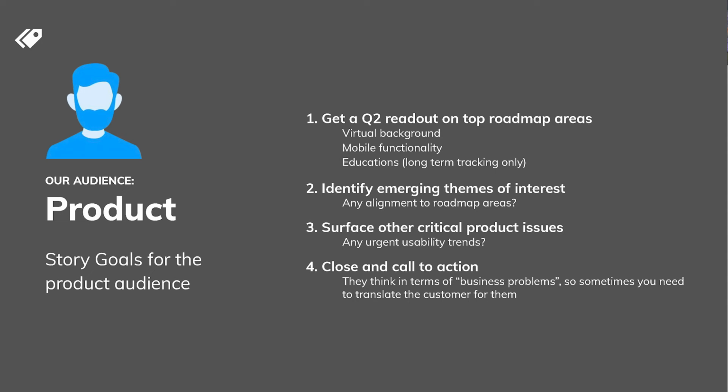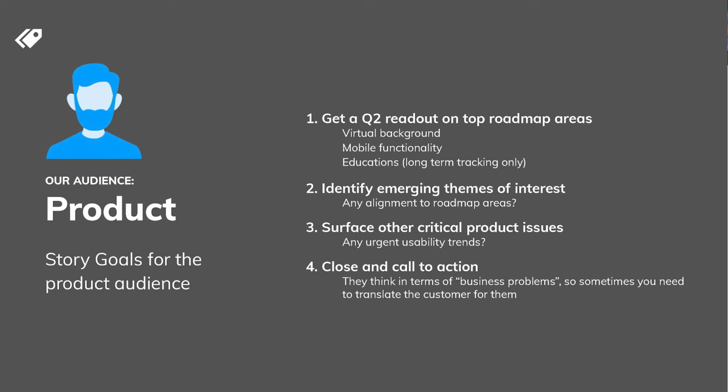Is there anything that that team needs to understand that kind of flows outside the roadmap? So what is the roadmap? Well, we're actually going to be looking at an app review data set for Zoom today, which is really timely. We're all in Zoom. And the roadmap for them is virtual background, mobile functionality, and education. And really with the education, it's mostly long-term tracking. So it's not that critical to them in the short term.